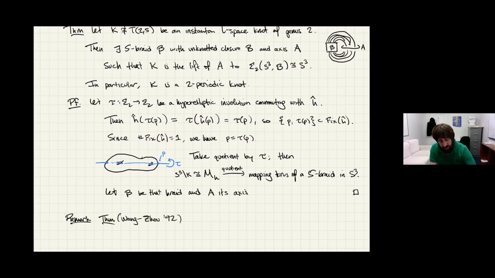That says that if K is not a torus knot, and if it has a symmetry other than a strong involution, so a strong involution means that there's an involution whose fixed set meets the knot in 2 points, which is not the case here.